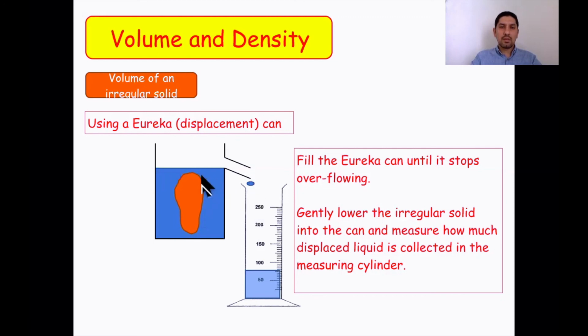The volume of the excess water will be equal to the volume of the irregular shaped object. We can read it from the graduated cylinder. So we need to wait until all the excess water flows to the graduated cylinder.